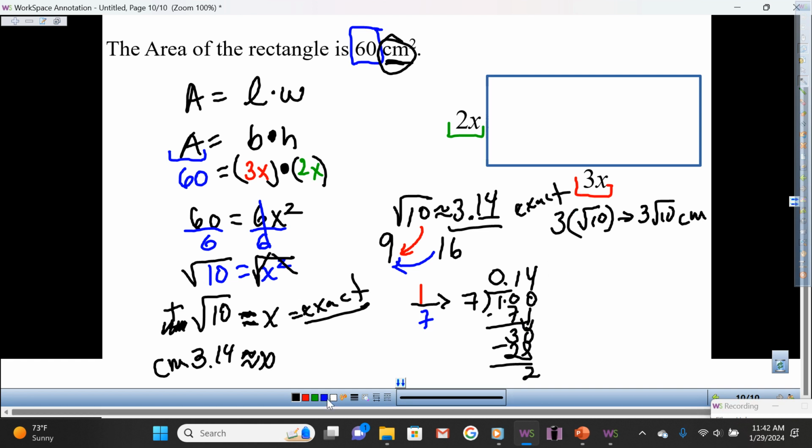Which means if we find approximately, we would write what? 3 times 3.14, which is very good, 9.42 centimeters.